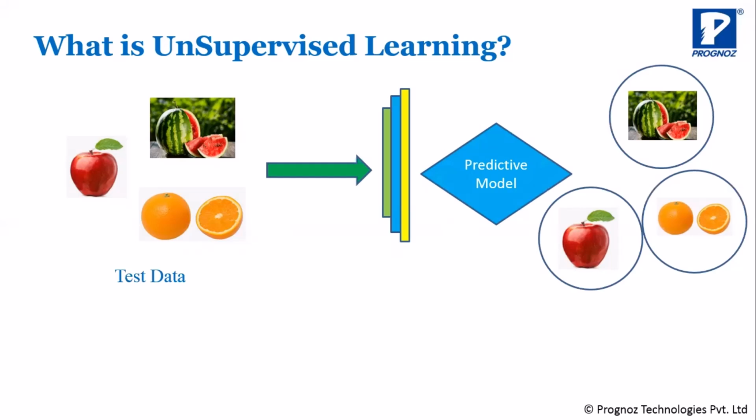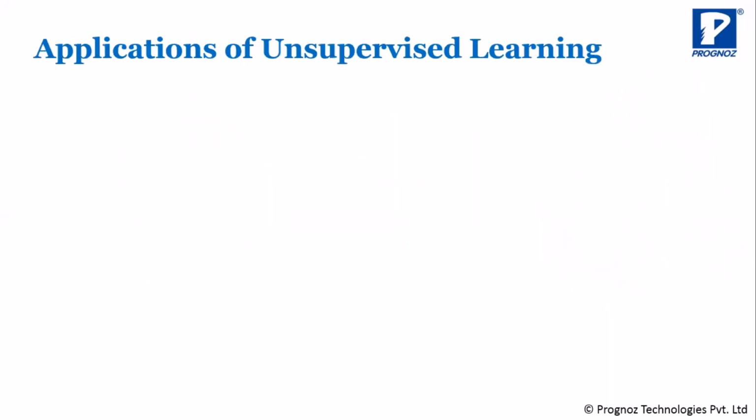So the idea here is we are providing input but we are not providing the label. Whatever input we are providing, the machine is going to classify it based on different clusters. So clustering is the idea behind unsupervised learning. So this was the final result that the machine will give.